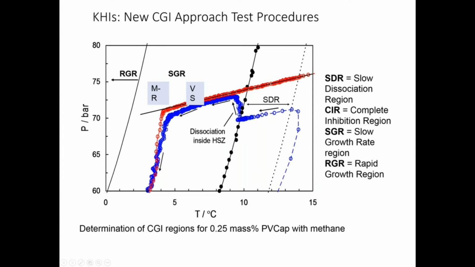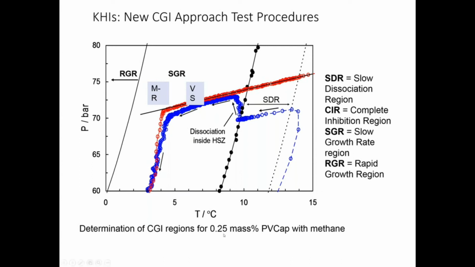So we realize that PVCap-based kinetic hydrate inhibitors do more than conventional kinetic hydrate inhibitors. They basically work like a thermodynamic inhibitor.